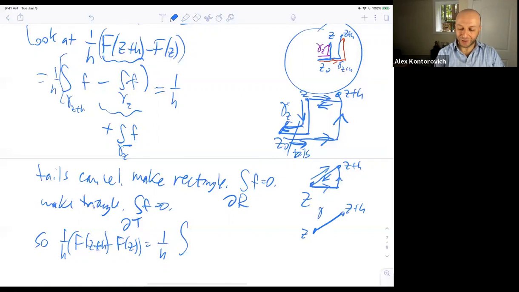Let's call that gamma. Maybe gamma z to z plus h. Gamma z to z plus h, f of w dw.